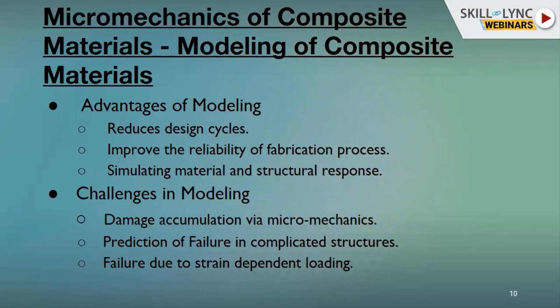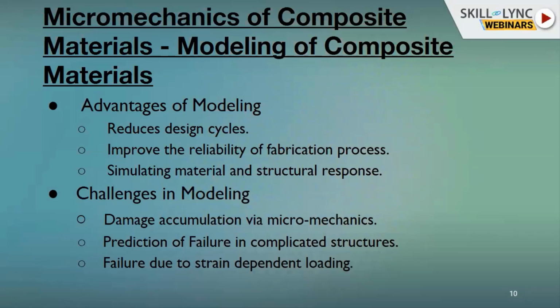So damage accumulation in terms of micromechanics is very important when it comes to analyzing your whole structure. So modeling of this is one of the challenges that has to be handled.